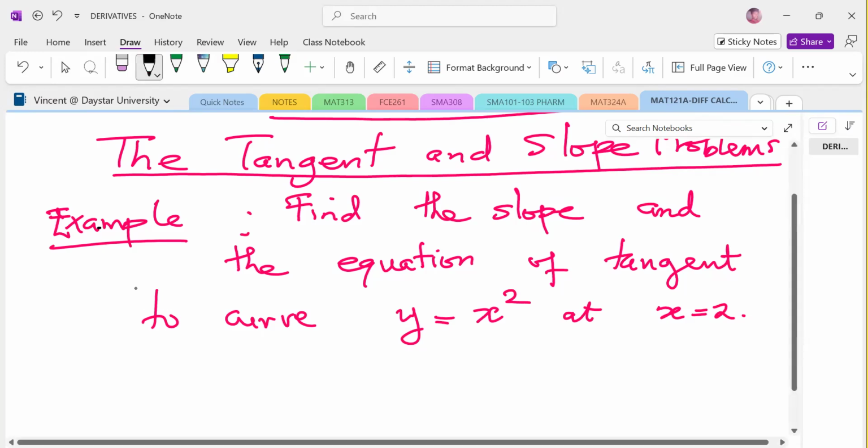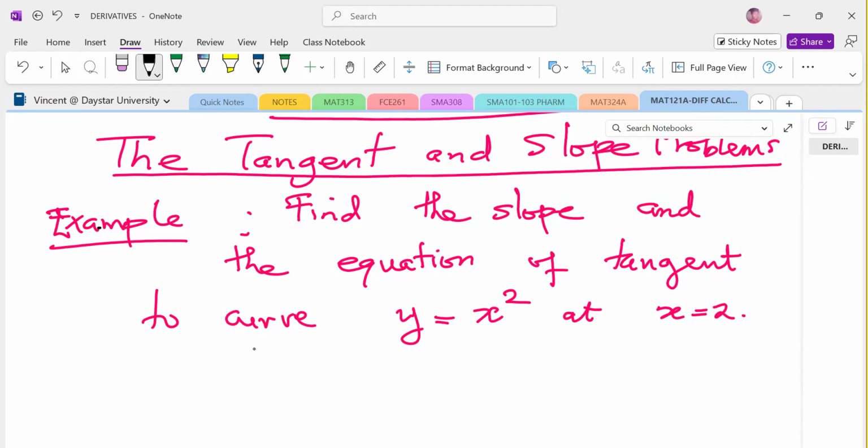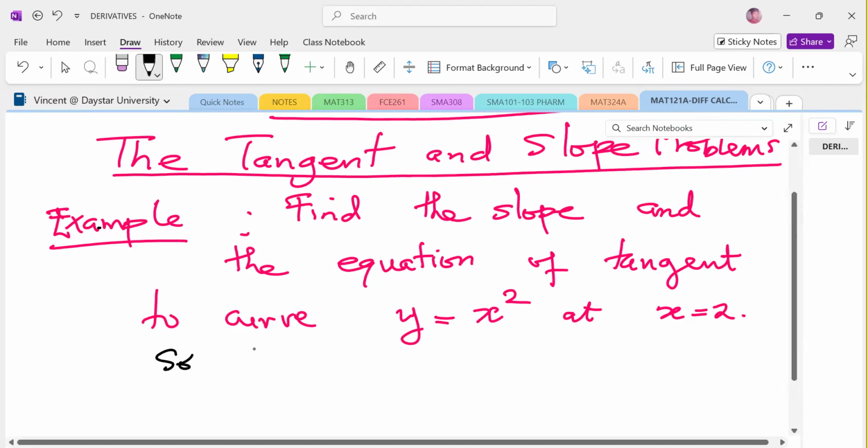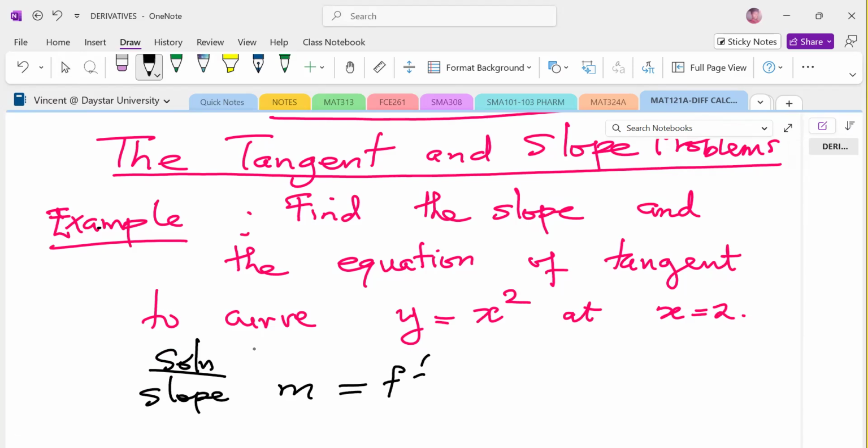So the first thing we recall is the slope, which we denoted by m, which we said is the same as the derivative.